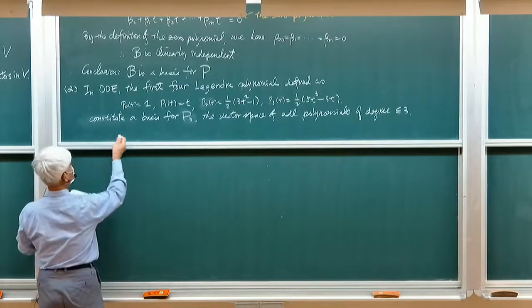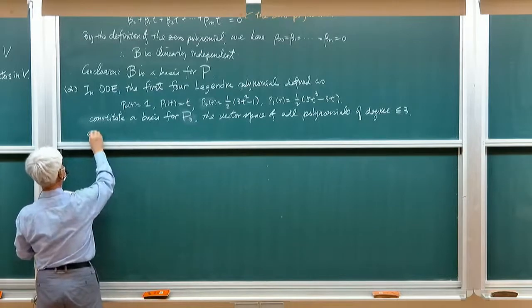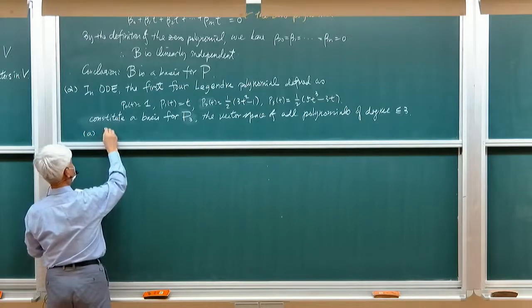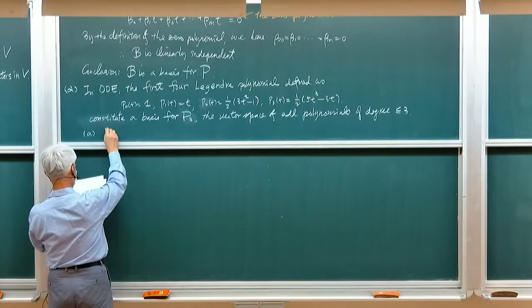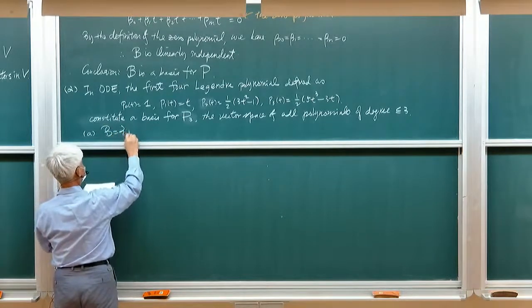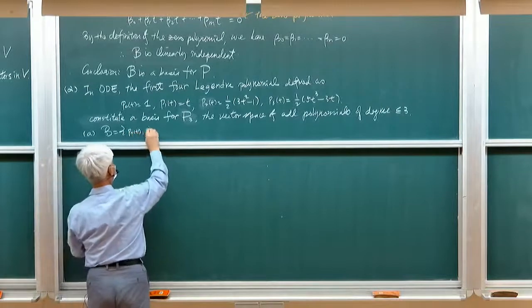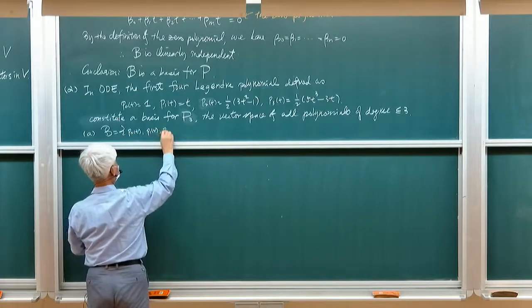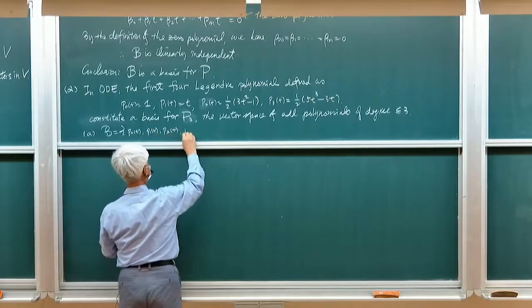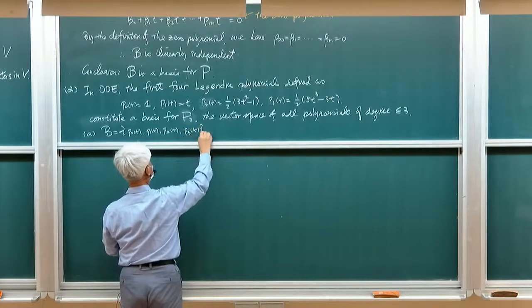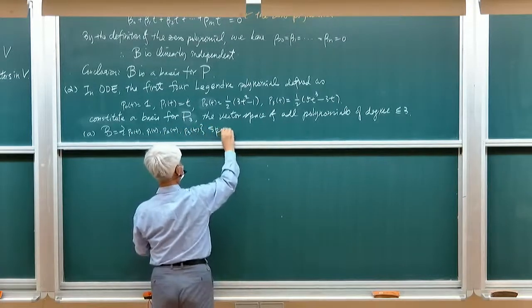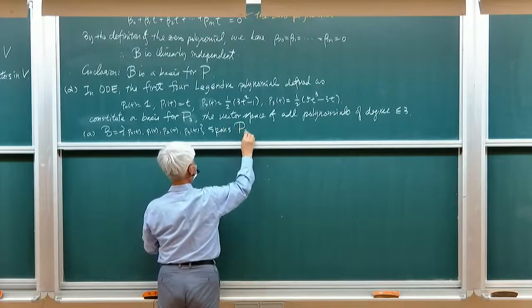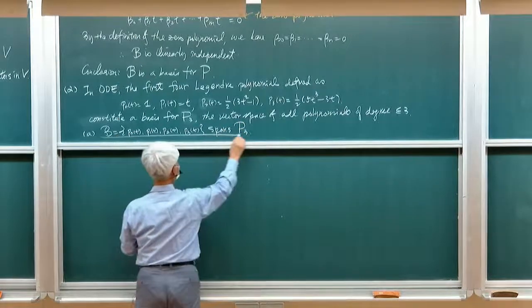Right. So we have to check two things. So we let B equal to P0(t), P1(t), P2(t), P3(t). We check that this set spans P3. Okay. So we first check that.